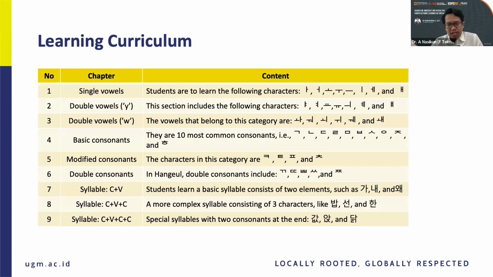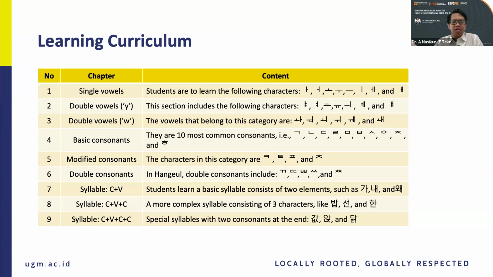The content that we use is categorized into 9 different chapters. We start with the basic characters. So we teach the students some simple vowels, then more challenging vowels, and so on and so forth.